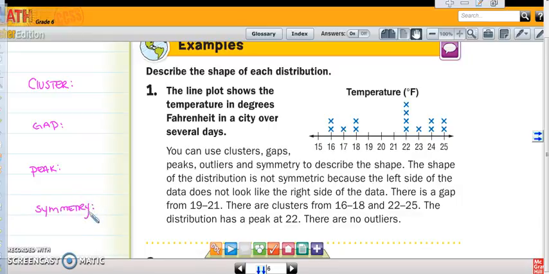If we look at this, are there groups of information? Well, there's a cluster over here, and there's a cluster over here. So we can have 2 clusters. We have one at 16 through 18, and a cluster from 22 to 25.